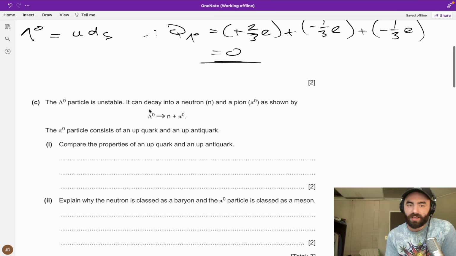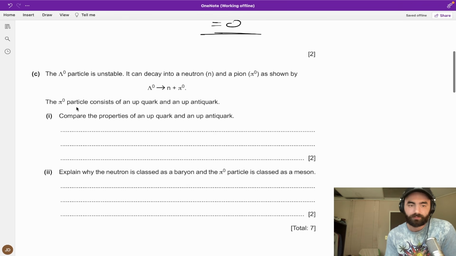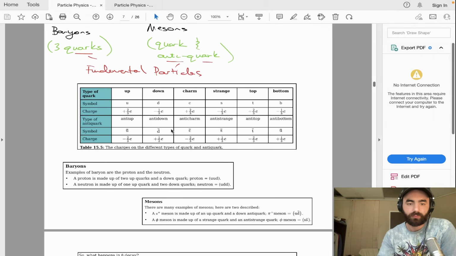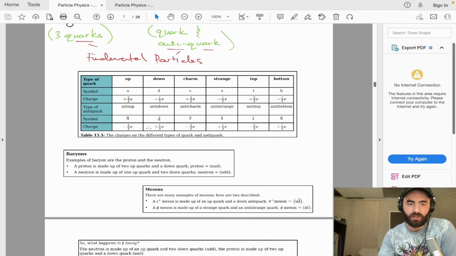This particle is unstable. It decays into a neutron and a pion, shown below. This pion consists of an up quark and an anti-up quark. They bear the properties of an up quark and an anti-up quark. I'm not sure if I mentioned it, but we have matter and antimatter. For all of these quarks in the matter, we also have their antiquarks. That's basically all the differences.